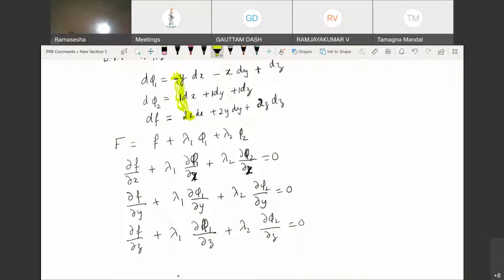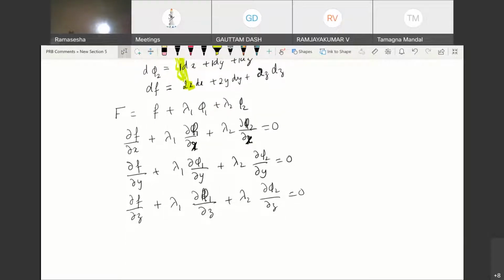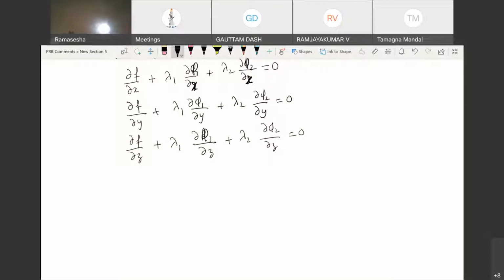So that will be the first equation. Only we have these three things multiplied by lambda 1 and lambda 2, so I can write these three equations. I have 2x minus lambda 1 plus lambda 2 equal to 0, that is equation 1.